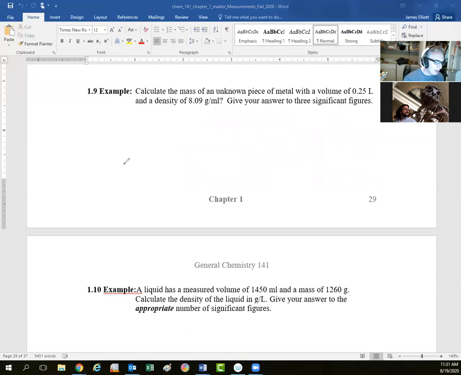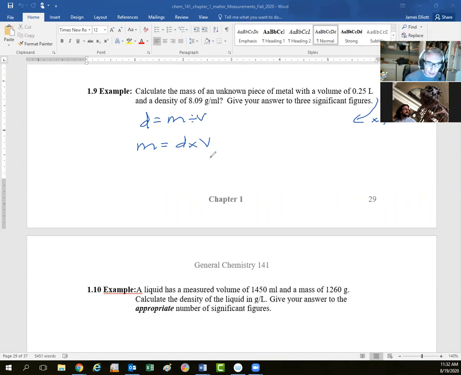Right, next one. Calculating the mass of an unknown metal with a volume of 0.25 liters, a density of 8.09 grams per milliliter. So of course, base principles: density is the mass divided by the volume. So if you want to work out the mass, mass is equal to the density times the volume. Volume again has to be converted into milliliters by multiplying by 1,000.